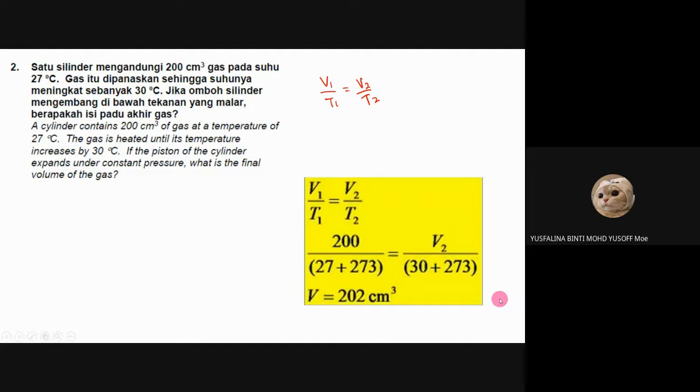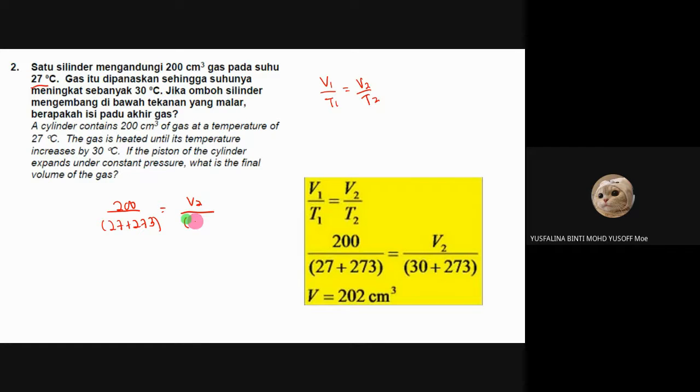220 centimeter cube. Anyone didn't get 220? Maybe you got a different one. Okay, so I just give you the equation here. This one is 200, and this one should be 27 plus 273. You have to change to Kelvin, the temperature here. The V2 is what you need to find.